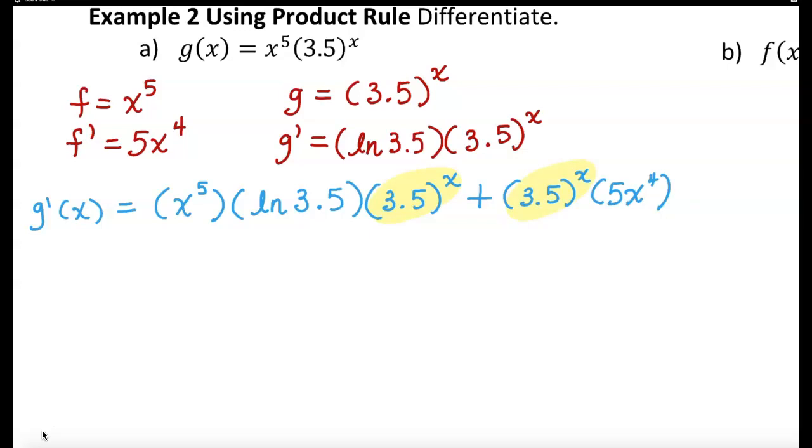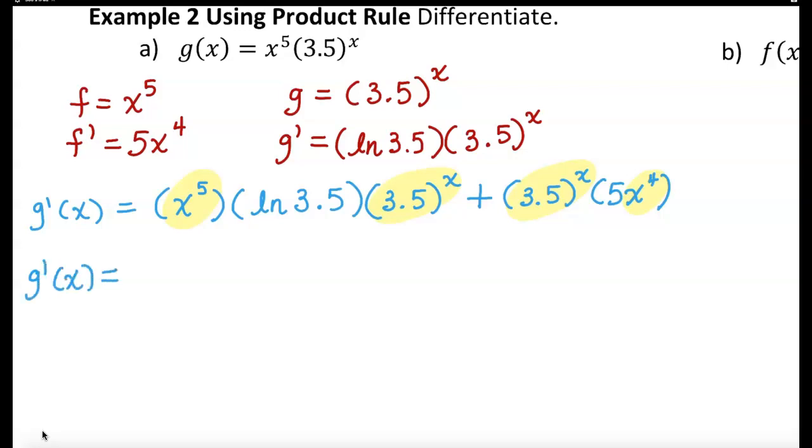Now, what else do they have in common? Not exactly the same, but this term has x to the fifth power and this term has x to the fourth power, right? So I can factor out x to the fourth power, and the first one will still have one of them left. So here we go, G prime of x in a factored out form.